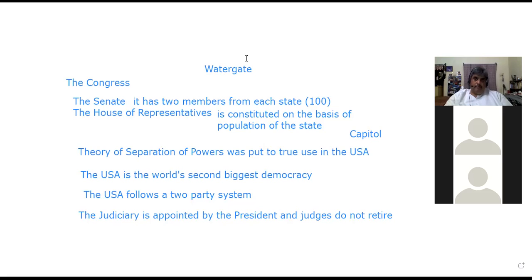So Al Gore claimed that he had the popular vote, and he went to the Supreme Court of America, which passed a judgment that the popular vote is not recognized by the Constitution.